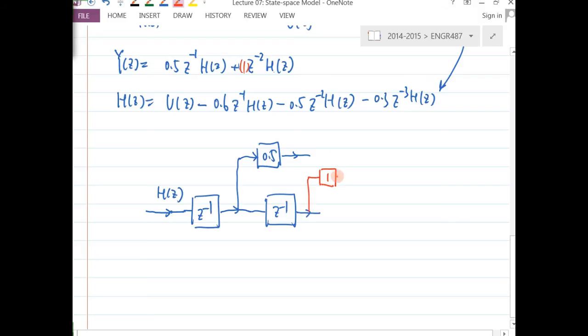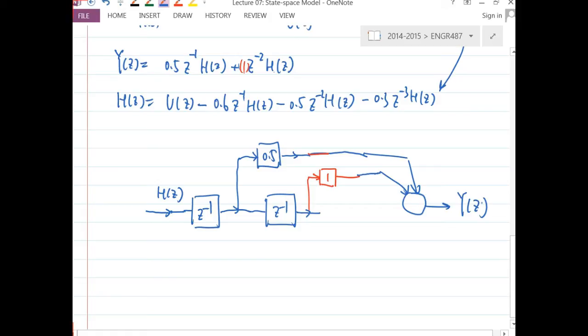So then altogether, when you add these two together, that should give me what? Y of z.